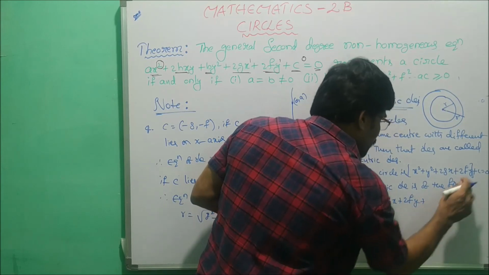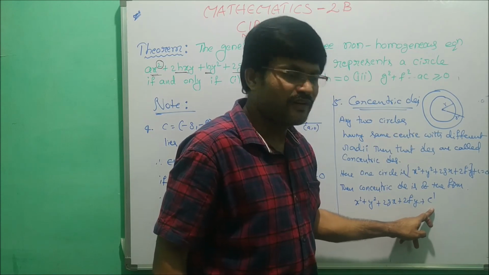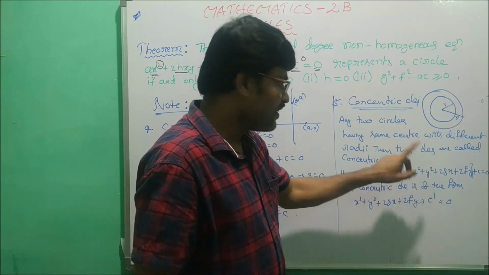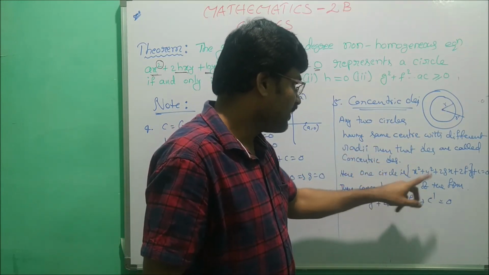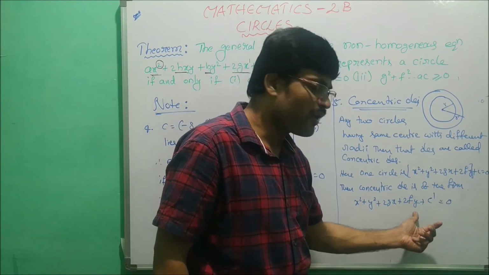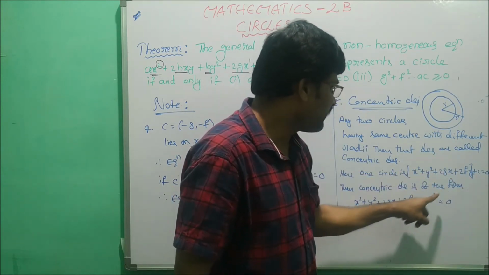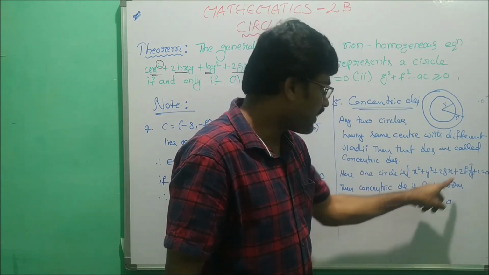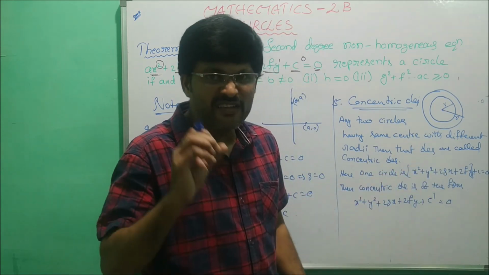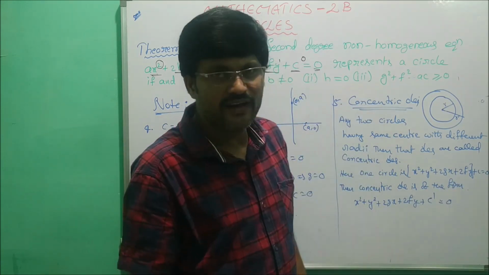But we change only the constant term. Now we take a different constant, c dash, equal to 0. So any circle concentric with that circle is of the form x square plus y square plus 2gx plus 2fy plus c dash equals 0. Here we observe only c and c dash are different. The remaining coefficients and terms of these two circles are the same, but only the constants are different. So this is concentric circles.